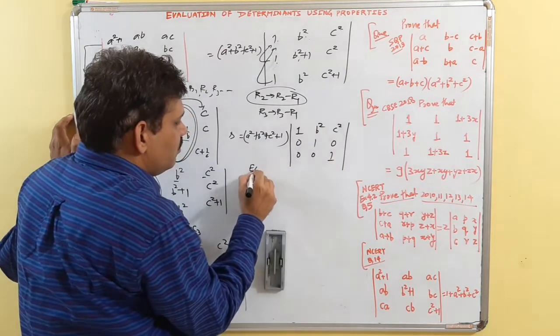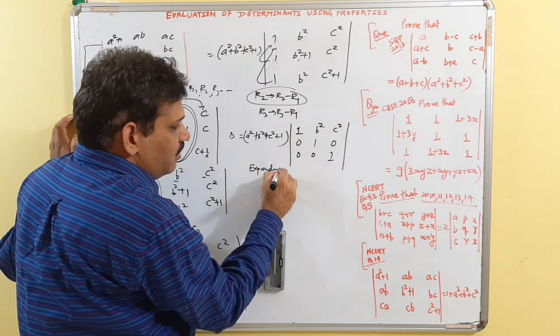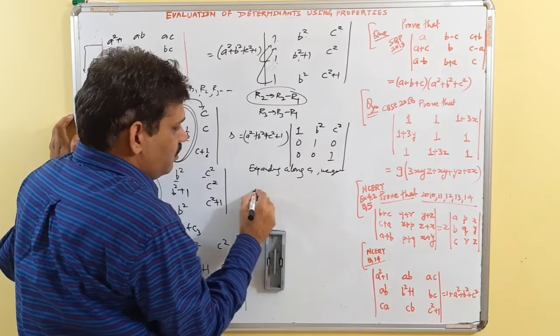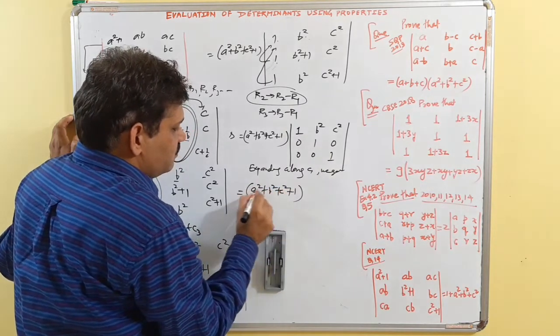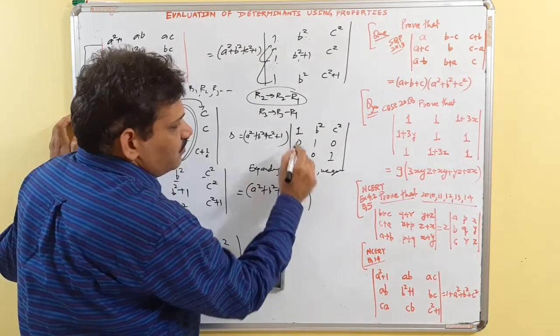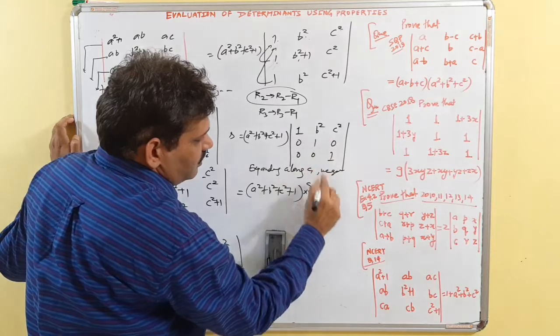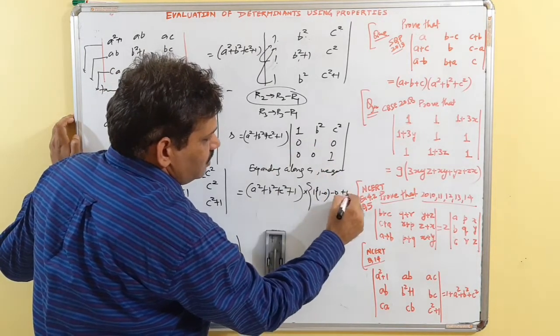Since we have got two zeros in C1, expanding along C1 we get a square plus b square plus c square plus 1 into the determinant, which is 1 multiplied by 1, minus 0 plus 0.